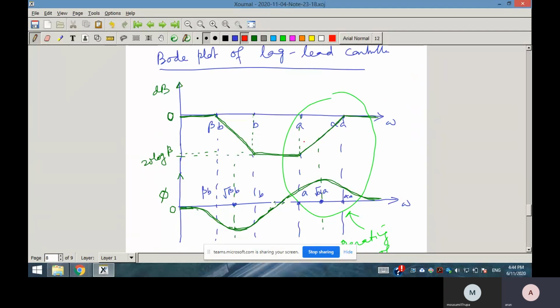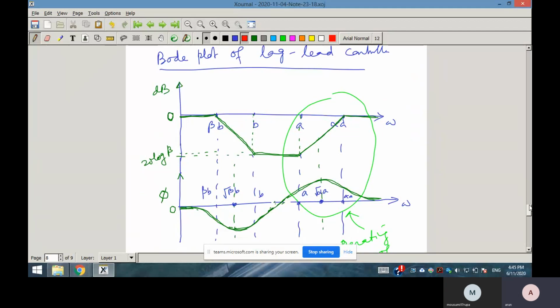As alpha beta equals 1, here you can see the magnitude is 20 log beta, and here also 0 dB. Actually, here the magnitude is 20 log of alpha by beta. As alpha equals beta, the magnitude will be 20 log of 1, so that's why it is 0 dB.